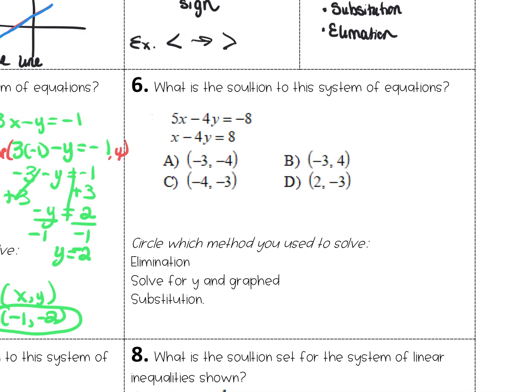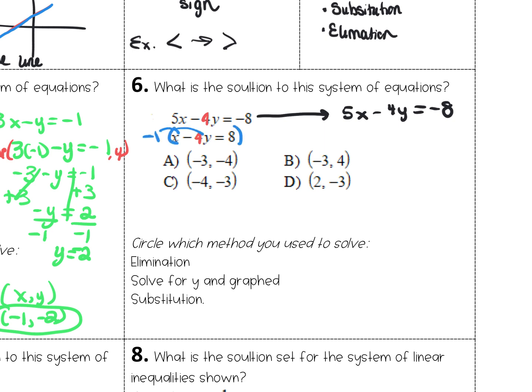Number 6 says, what is the solution to the system of equations? And then we're going to pick the method we want to use. Again, you can see that there's a 4 here and a 4 here, but they're both negative. So I'm going to keep my top equation the same. 5x minus 4y equals -8. I'm going to multiply my bottom equation by a -1.